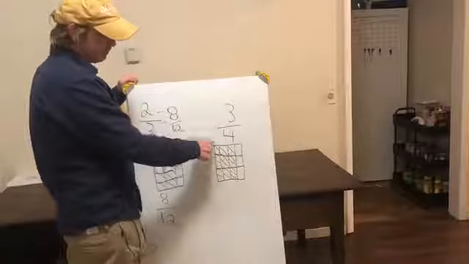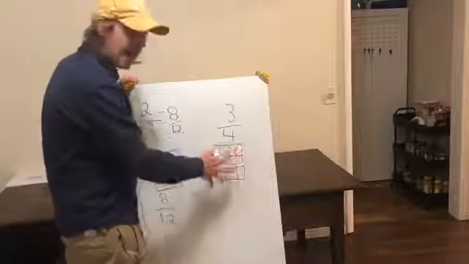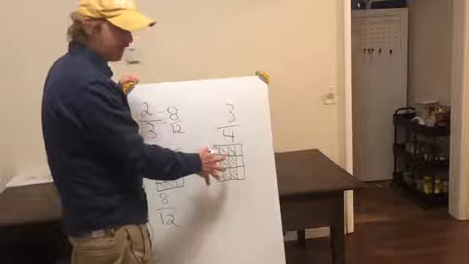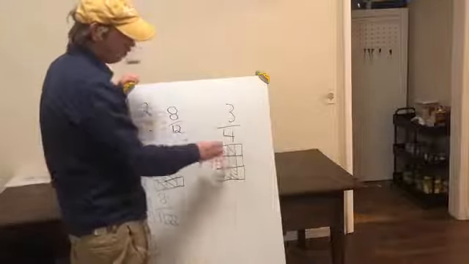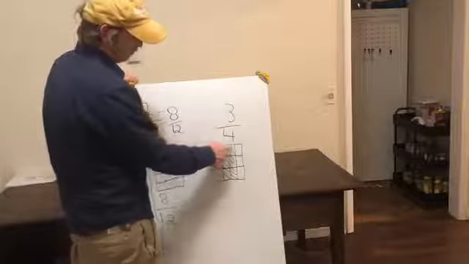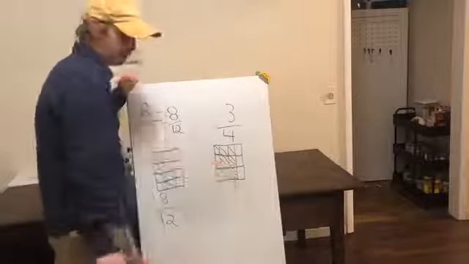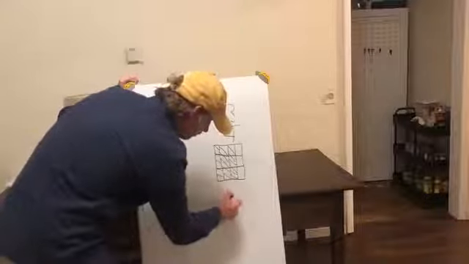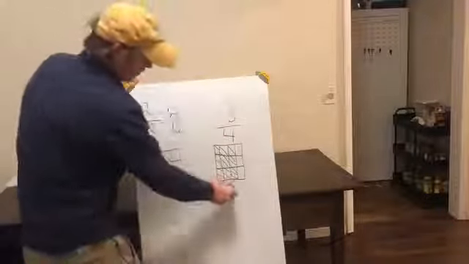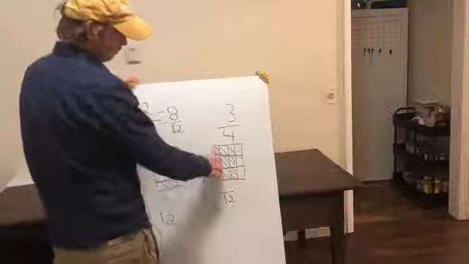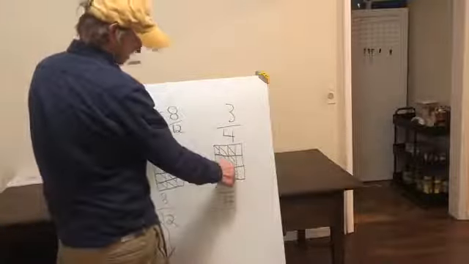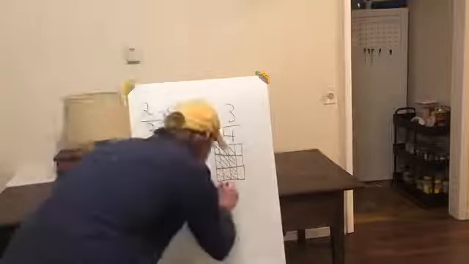Even though I didn't change the size of my graph, what I have here are more parts. I have 1, 2, 3, 4, 5, 6, 7, 8, 9, 10, 11, 12. And how many are shaded in? 1, 2, 3, 4, 5, 6, 7, 8, 9.